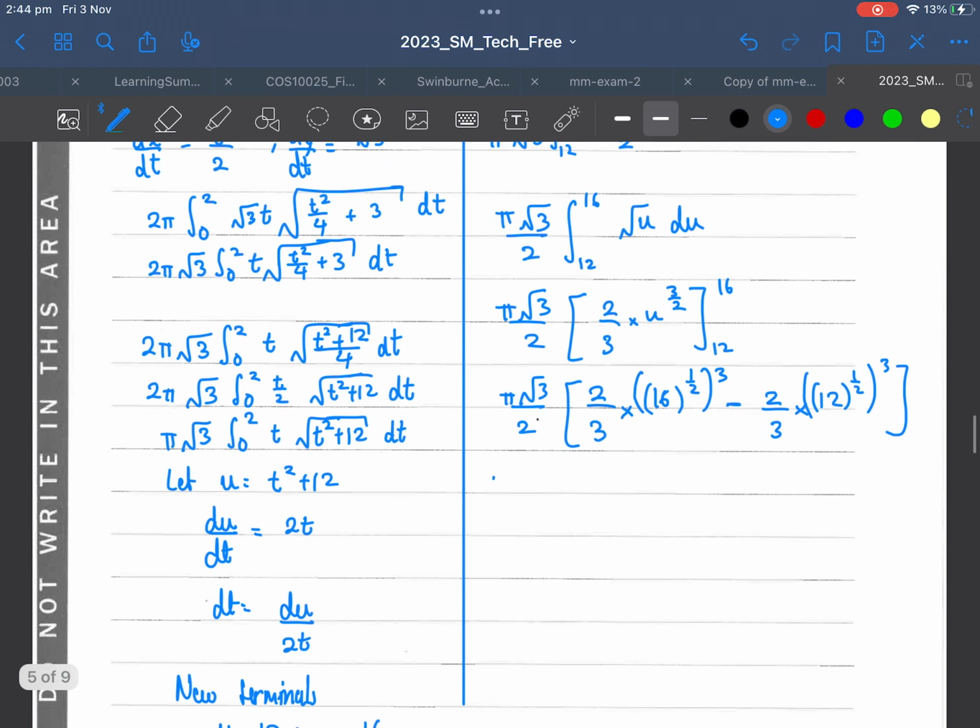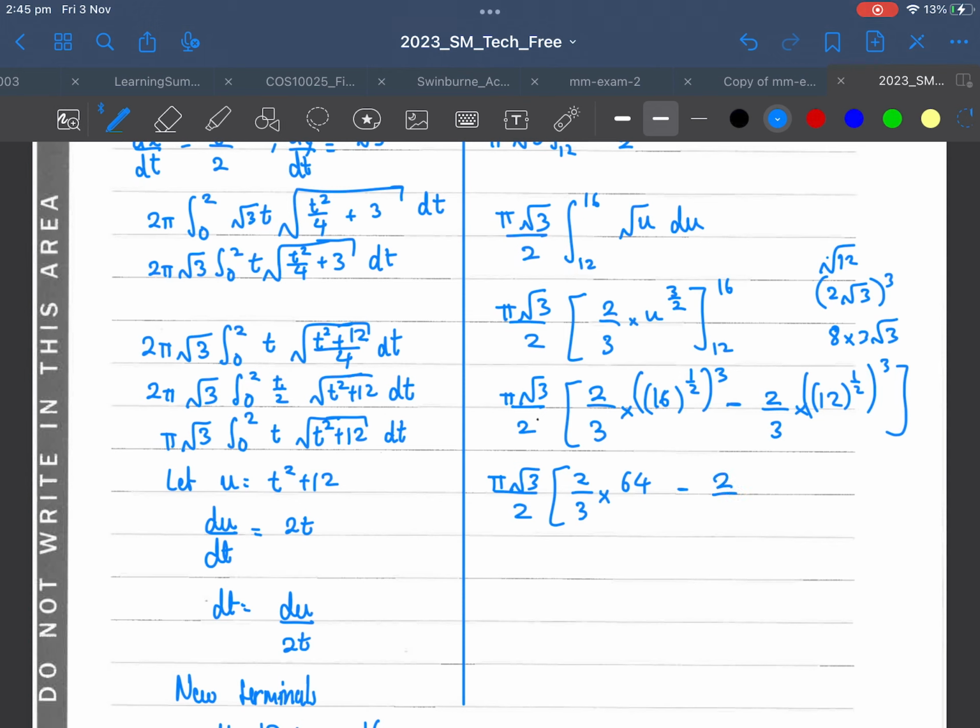Okay, so simplifying that, we will get 2 on 3 times, okay, 4 to the power of 3 would be 64, minus 12, then we will get, so 12 would just get 4 times 3, so 2 root 3 to the power of 3, so we'll get 8 times 3 times root 3, so 24 root 3.